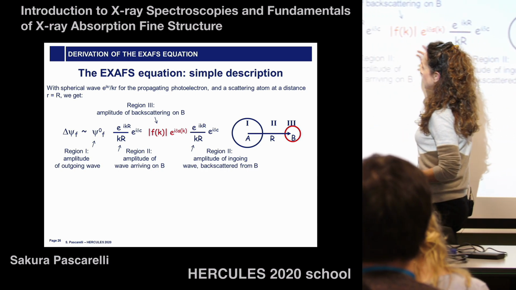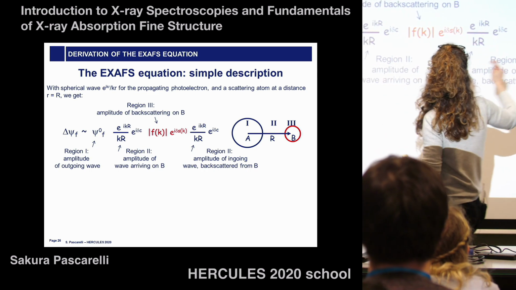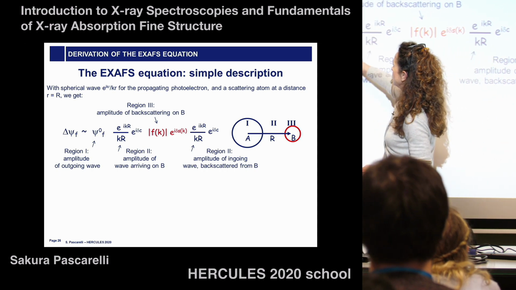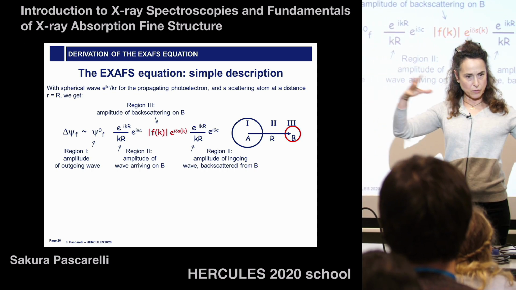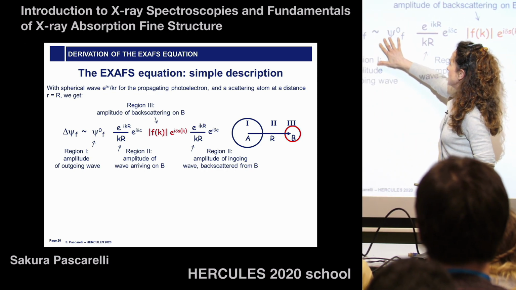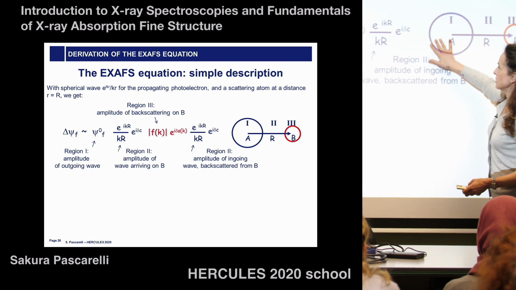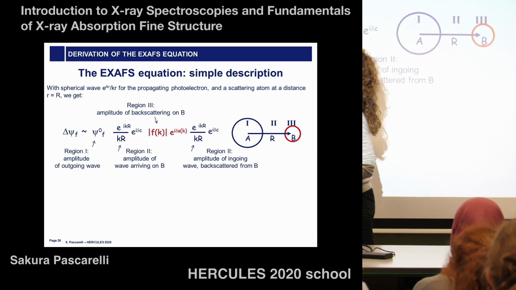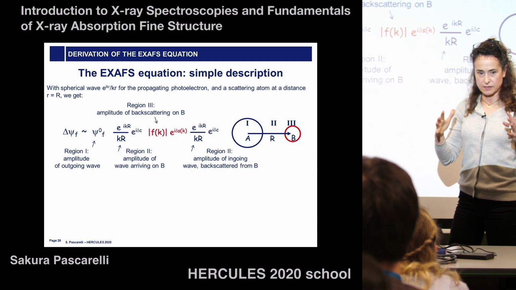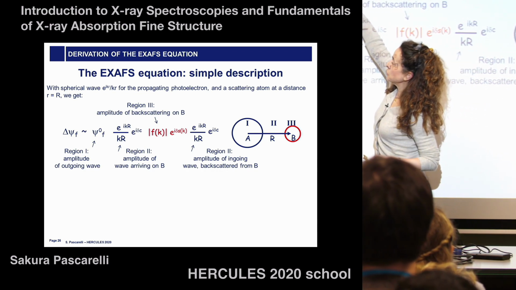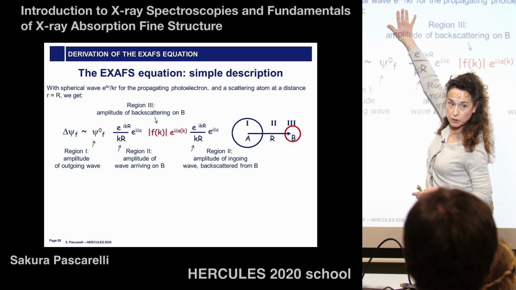And then we have to calculate that function that you saw before throughout the different phases. So we start from psi 0f, so this is the outgoing wave in region 1, so that's the amplitude of that wave here. And then we add this part, which describes the phase, because we're going to use a spherical wave. This is the analytical expression for a spherical wave.